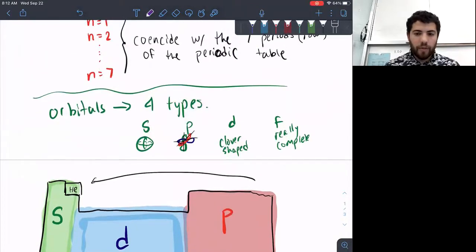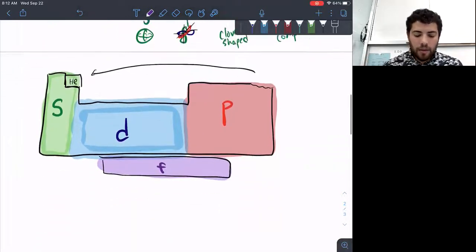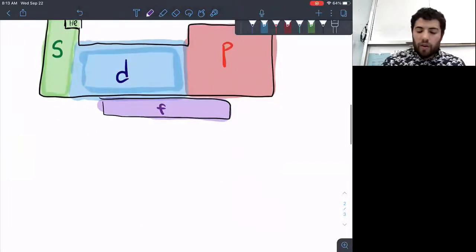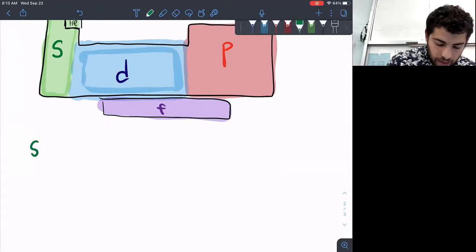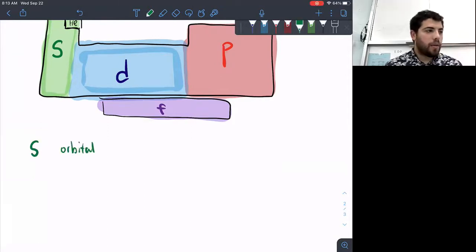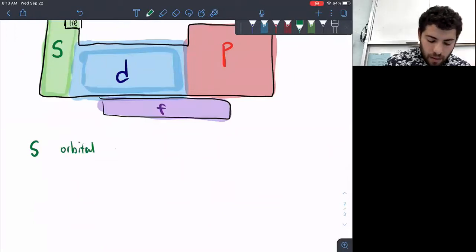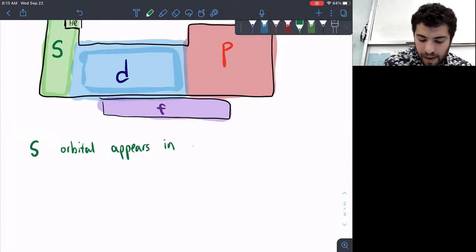So there's been a lot of information so far, so I'm going to try to recondense it and bring all this info together. With that, let's start with the s orbitals. The s orbital appears in each energy level.